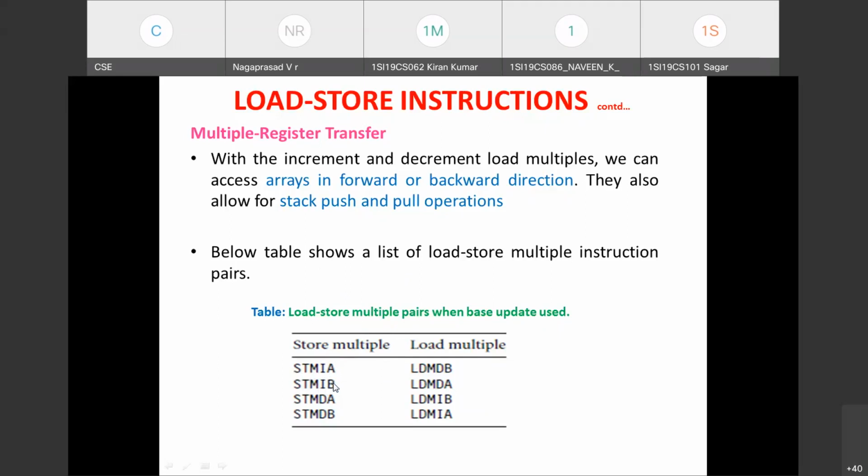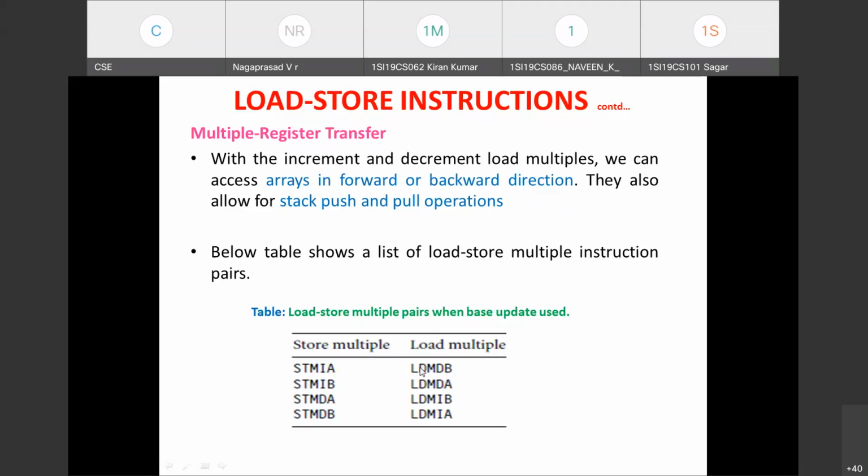You can easily tell what is the addressing mode with respect to load you have to use. I is replaced with D and B is replaced with A. If we are having D, replace it with I, and A is replaced with B, and vice versa. This is the instruction pair you have to consider for saving and restoring the context.